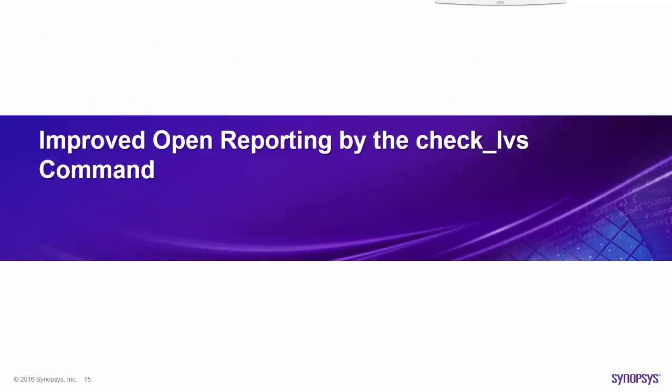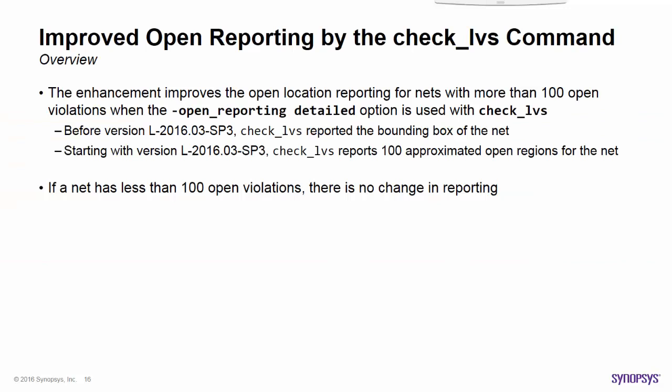Next feature is Open Locator enhancement in command check_lvs. Overview. Reporting of Open Locator has been improved starting from the L2016.03 SP3 release for the net with more than 100 open violations.